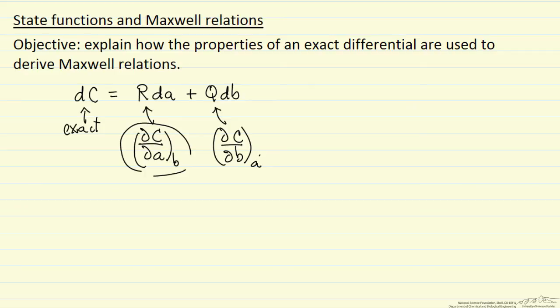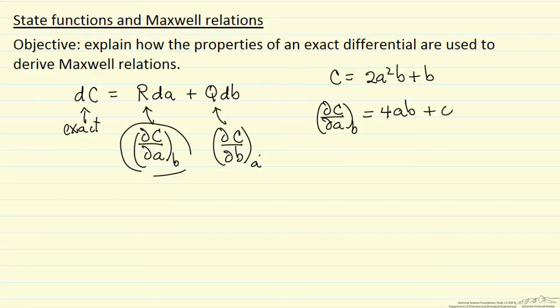So if we use a specific example, if C is 2A squared times B plus B, then the partial of C with respect to A at constant B would be 4AB plus 0, because B is constant. And the partial of C with respect to B holding A constant would be 2A squared plus 1.